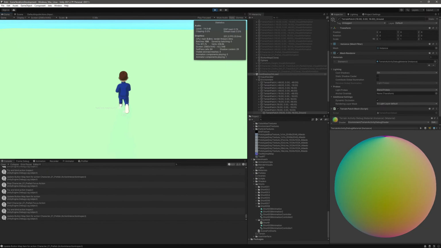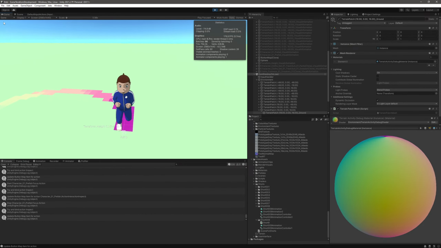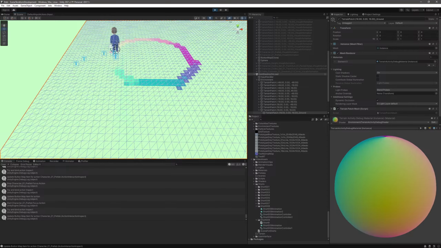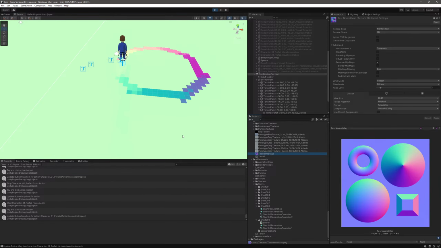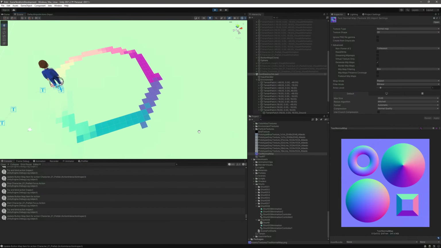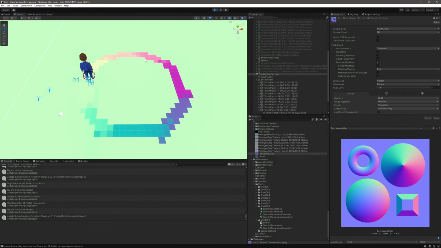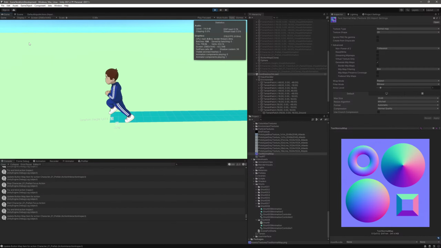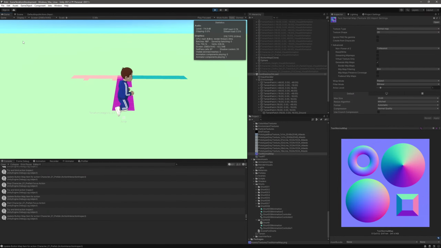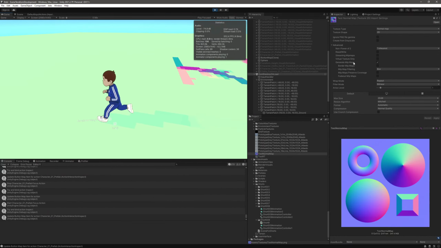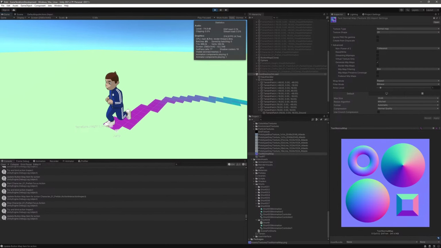So if we run here, and then we get this, beautiful. Yes, okay, nice. So running forward gives us green, right, pink, left this one, and then we have purple here. Okay, very nice.